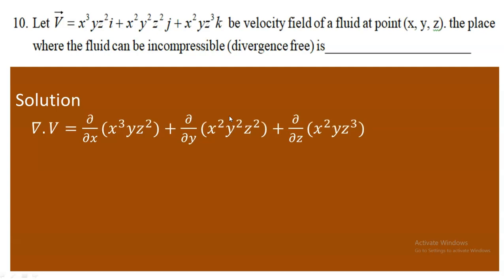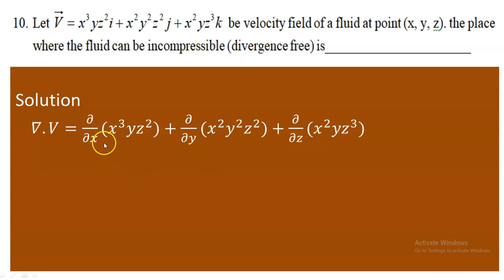So the solution goes like this. The divergence of this velocity field is obtained by taking the partial derivative with respect to x of the first component, which is x cubed y z squared, the partial derivative with respect to y of the second component, x squared y squared z squared, and the partial derivative with respect to z of this one, x squared y z cubed.